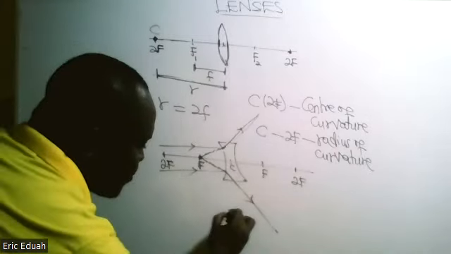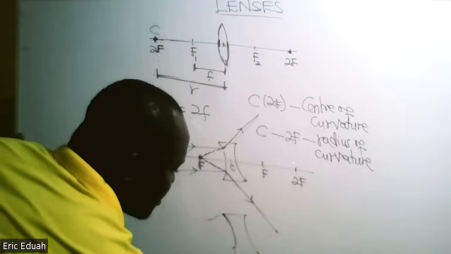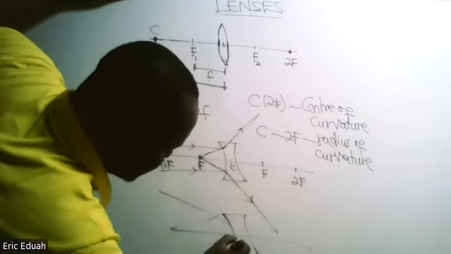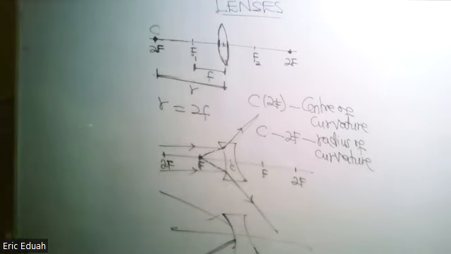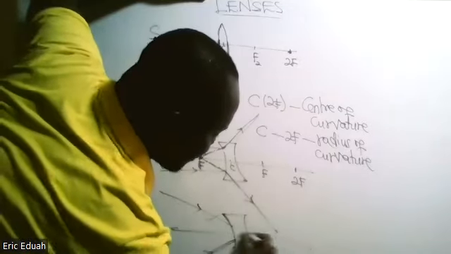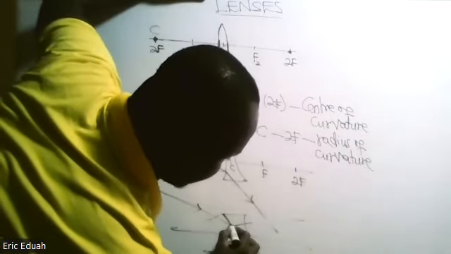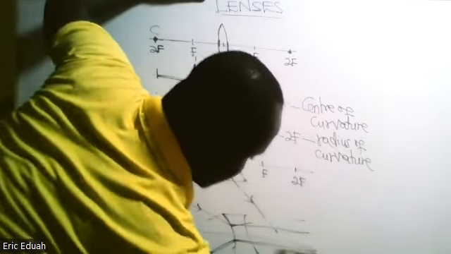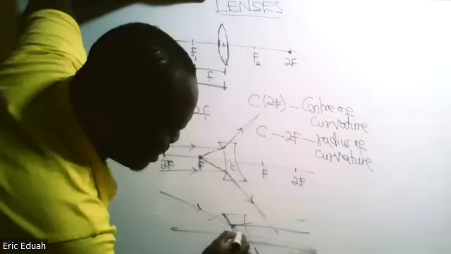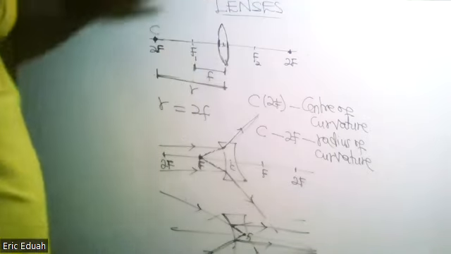Then if we have parallel rays hitting the mirror, or sorry, the lens, if we have rays which are hitting this from a distance, after hitting the lens, the refracted ray would have to go parallel to the principal axis. But the incident ray appears to be coming from here, or this diverted ray appears to be diverted from this point, F, which is the focal point.